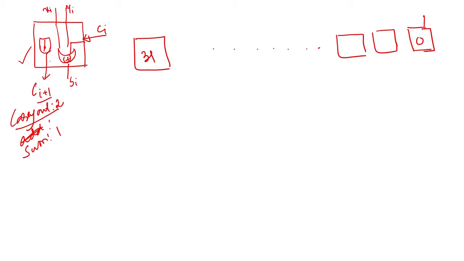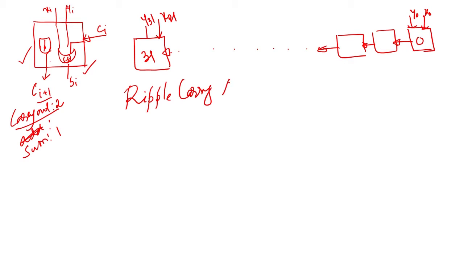So, this is for x0 y0 and this is for x31 y31. Then what was the gate delay according to this structure? This carry out will come to the next block. So, carry will ripple. So, this is something called ripple carry adder.